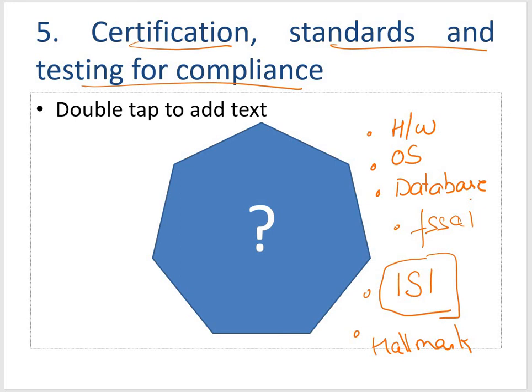Then your products may need to fulfill certain legal requirements sometimes, based upon the domain they are related to. For example, all the transactions in banking applications need to be audited, right? So banking transactions, any financial transactions need to be audited.